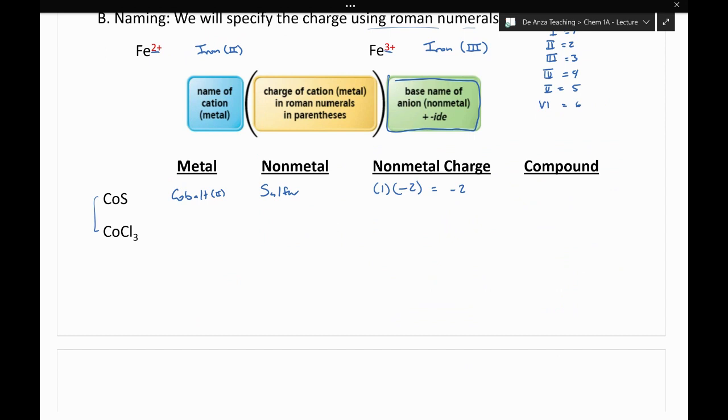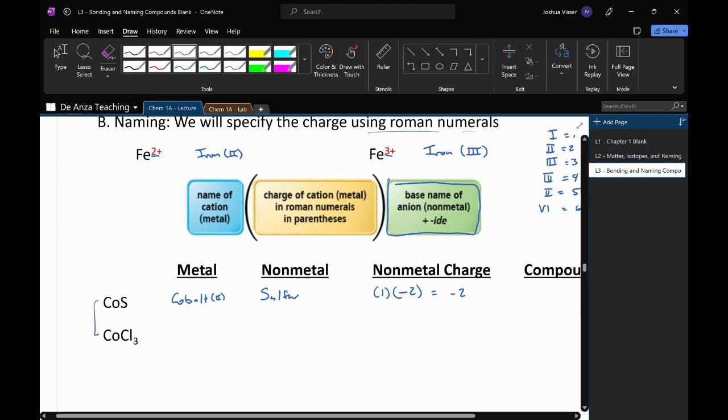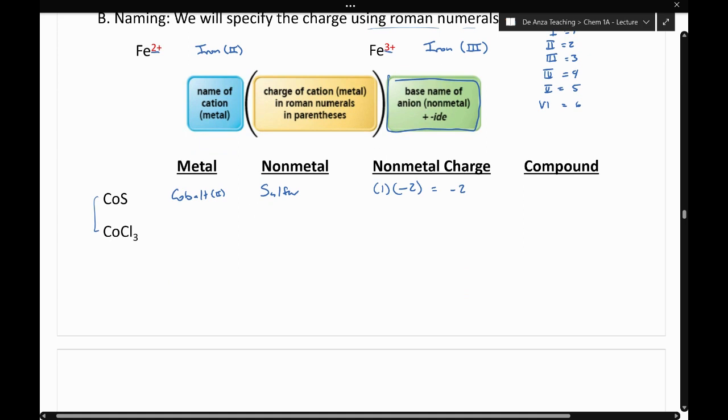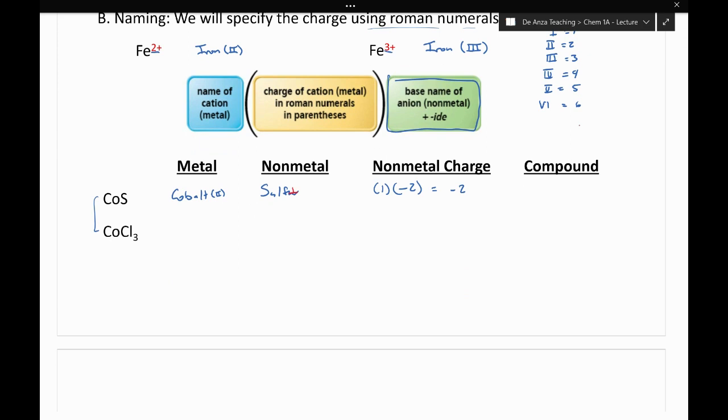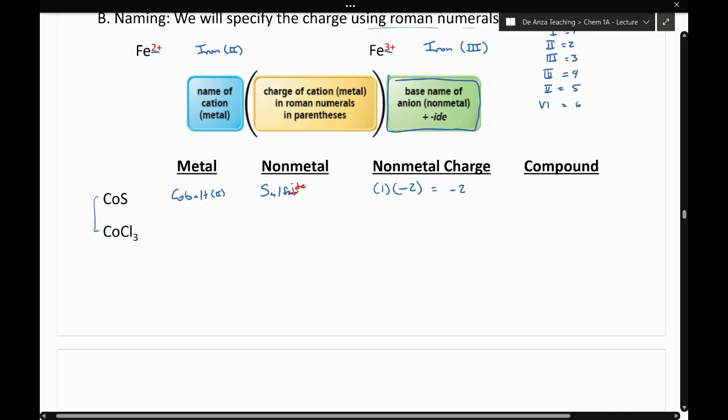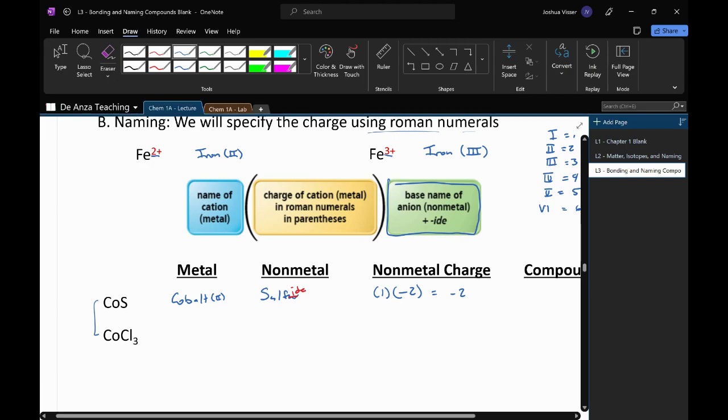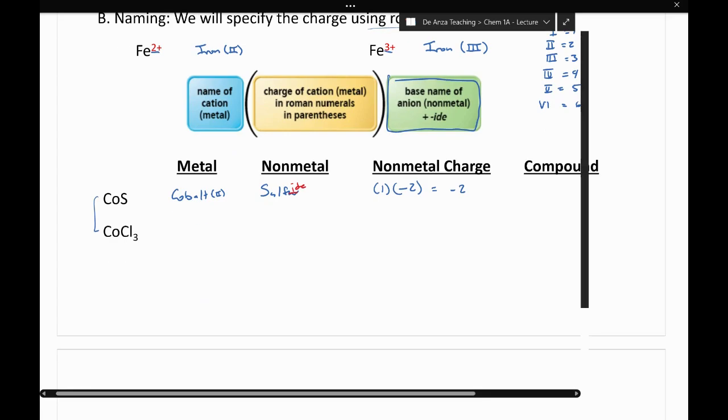The way that we name this is we have cobalt, the name of our metal, with its charge in parentheses as that Roman numeral. And then we look at sulfur. Its base name is going to be SULF. We cross off the UR and change that out for IDE. We'd call this cobalt(II) sulfide.